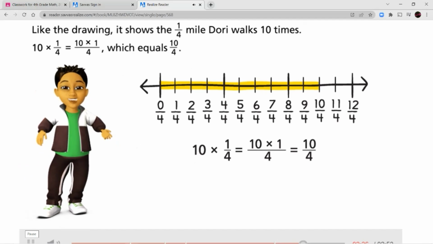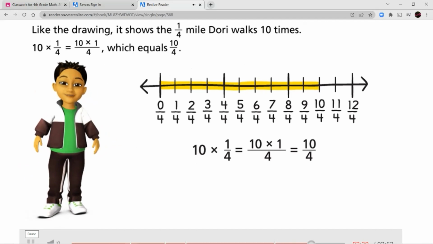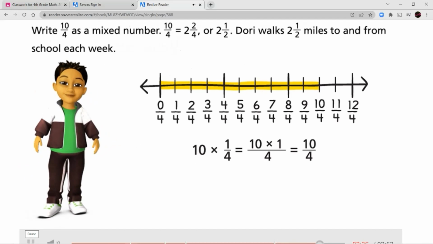Remember, 1/4 is a unit fraction, so 10 1/4 parts are 10/4. Write 10/4 as a mixed number. 10/4 equals 2 2/4, or 2 1/2. Dory walks 2 1/2 miles to and from school each week.